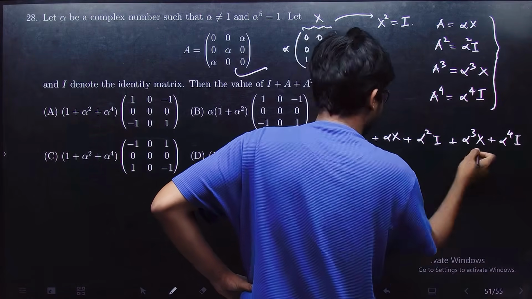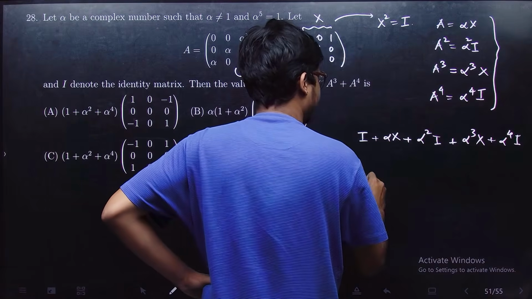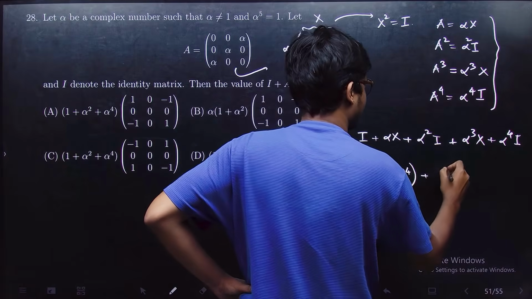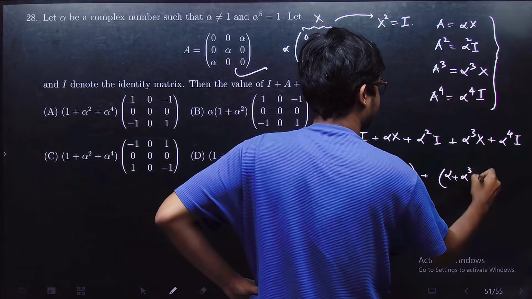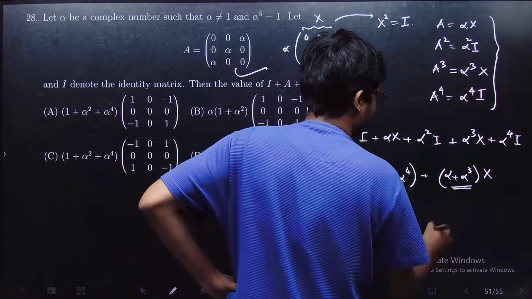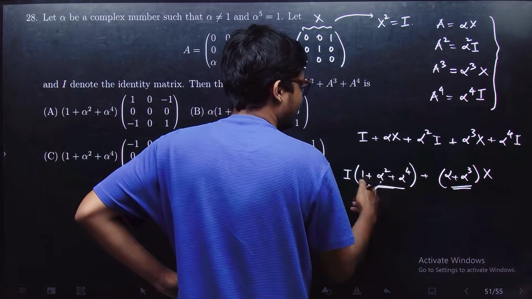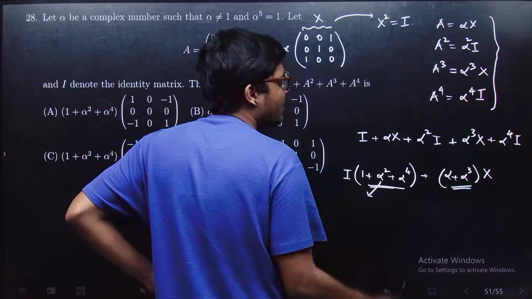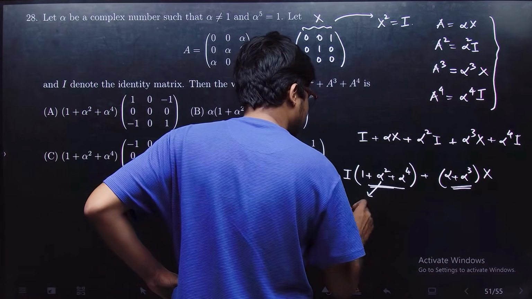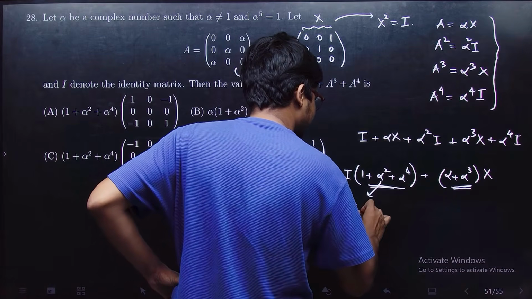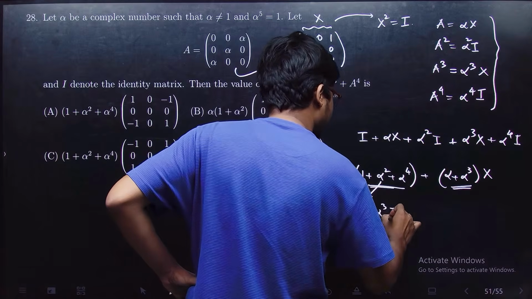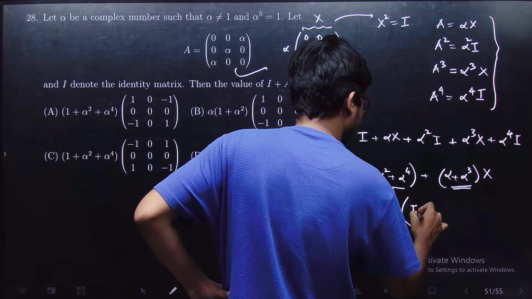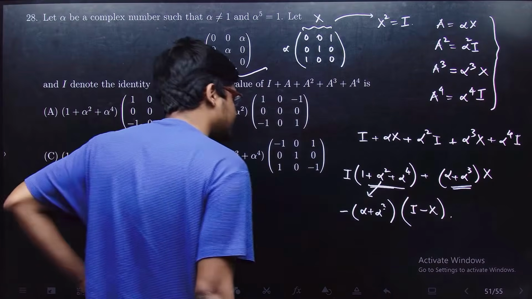So if I take the terms together, you'll get identity times (1 plus alpha square plus alpha power 4) plus (alpha plus alpha cube) x. Now see, the sum of all this is equal to 0, which means this is nothing but minus of this. Or if you do it the other way, I can write this as minus of (alpha plus alpha cube) times identity. So take this common, and you'll end up with identity minus x.